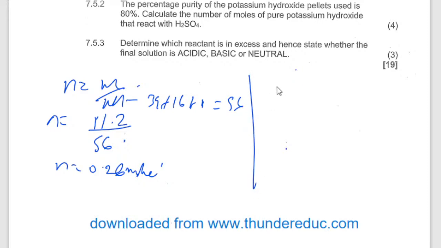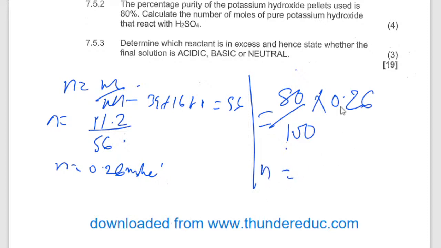So 80% is equal to 80 divided by 100, times 0.26, so that I know exactly how much was used. When you multiply, the number of moles is equal to 0.16 moles. So this is what they wanted.